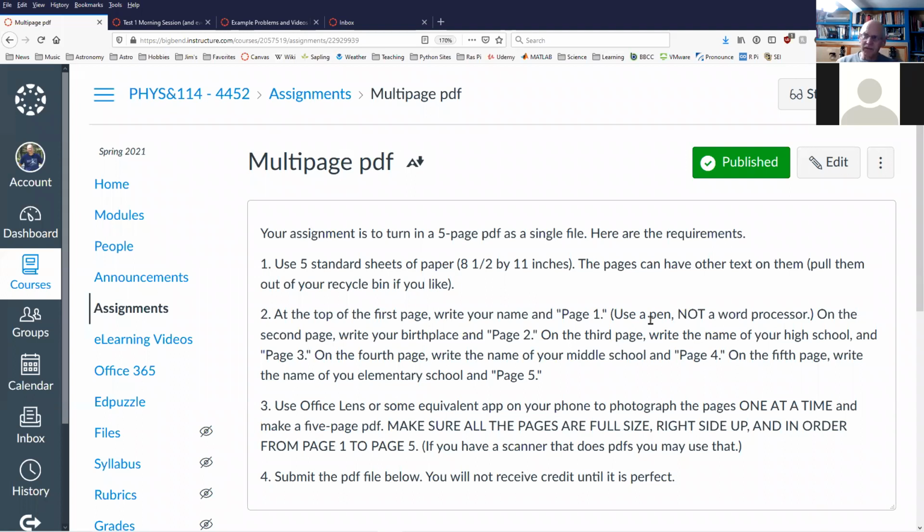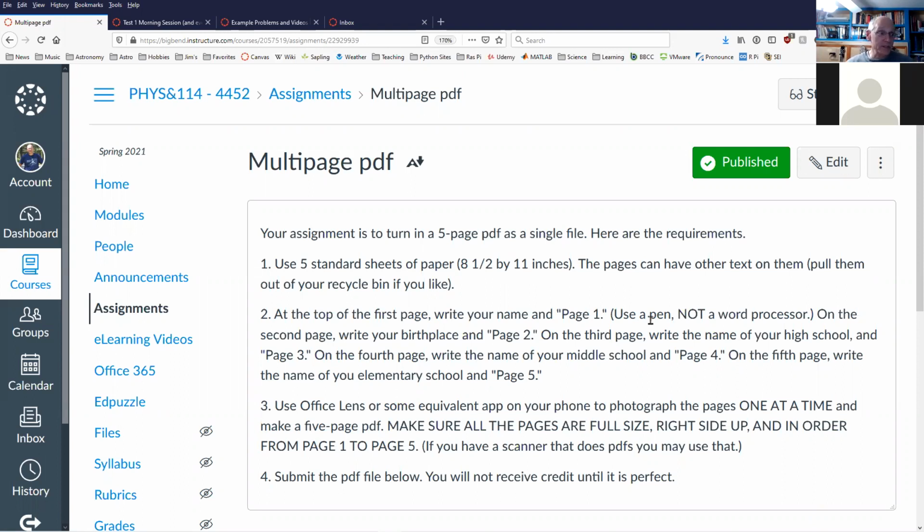Otherwise, you'll end up with 5 individual PDFs. And I want you to have a single 5-page PDF. Then make sure all the pages are full size, right side up, and in the correct order from page 1 to page 5. So this is a skill I would like everyone to develop.